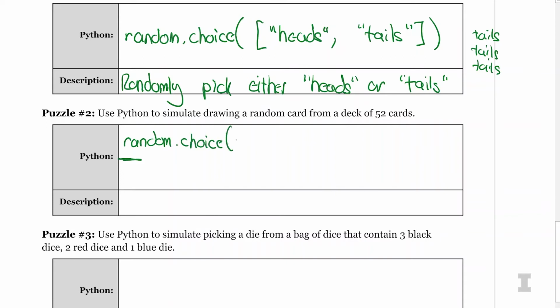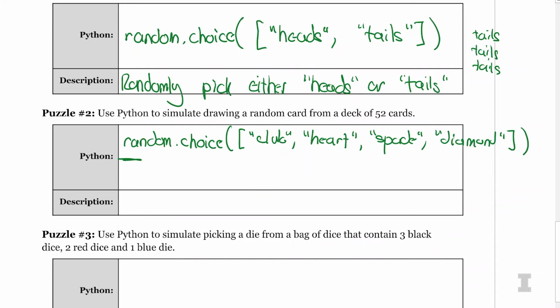And our options for suits are a club, a heart, a spade, and a diamond. And the exact order you list these inside of Python doesn't matter when you use random.choice because it's going to randomly choose them with equal probability.